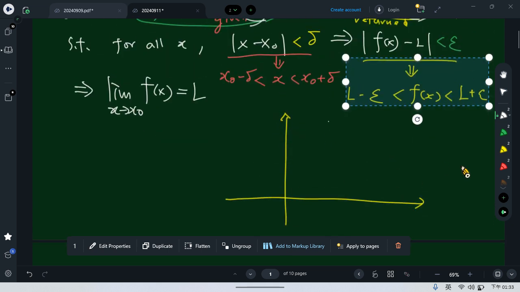Then, okay, so what is the result? That is just talking about it. For example, this is y is equal to f of s.